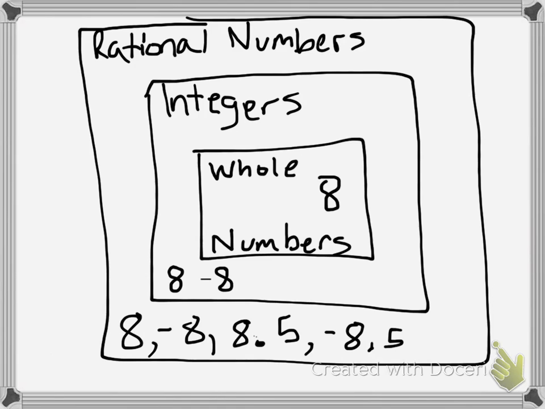See, we've added in partial numbers here. So now we have decimal values, and I could also add in fractions, like maybe I have 8 and 1/4, or negative 8 and 1/4. So this club's a little broader. So we have whole numbers, we also have whole numbers and their opposites, we also have fractional values, and we have decimal values, we have negative fractional values and negative decimal values.